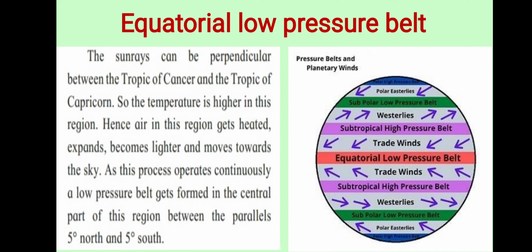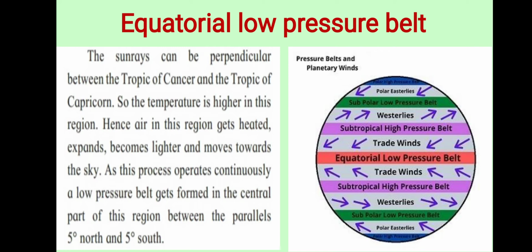Due to the temperature, air gets heated, expands and becomes lighter and lighter. Due to this, air moves towards the sky. So a low pressure belt is formed in the equatorial region.